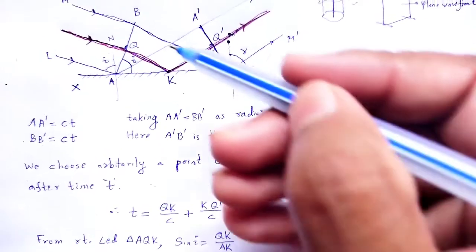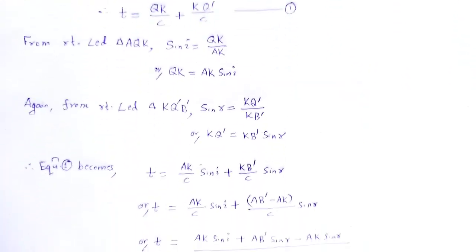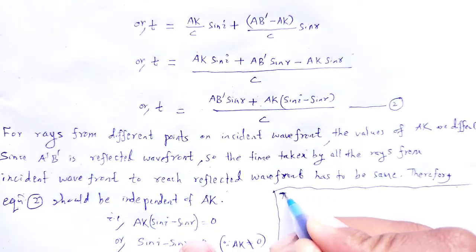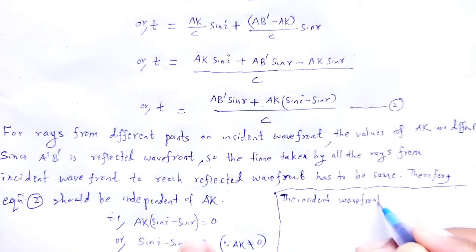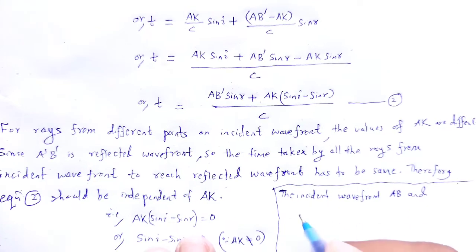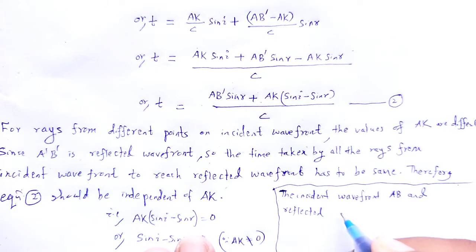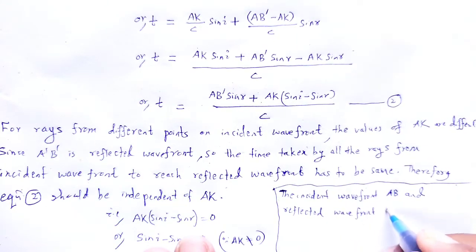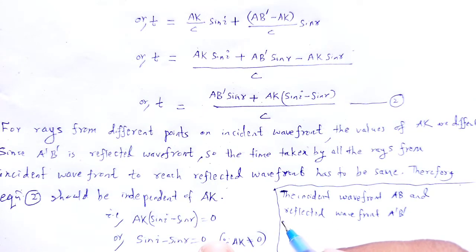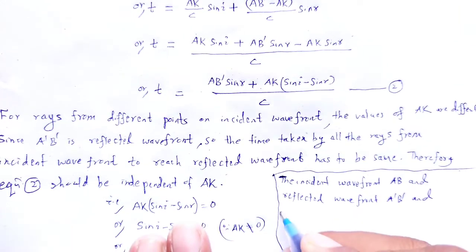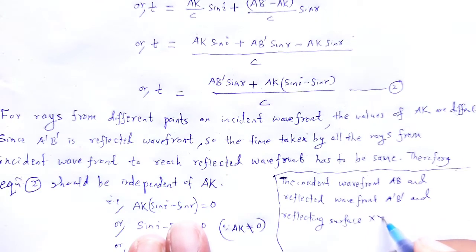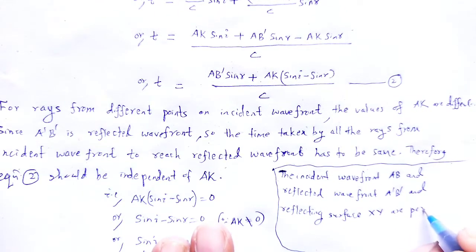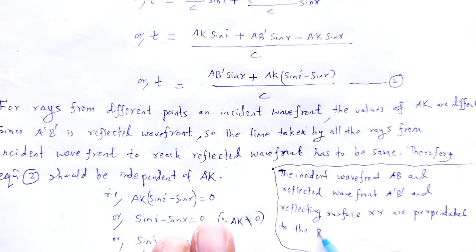So, we write that the incident wavefront AB, the reflected wavefront A'B', and the reflecting surface XY are perpendicular to the plane of paper.